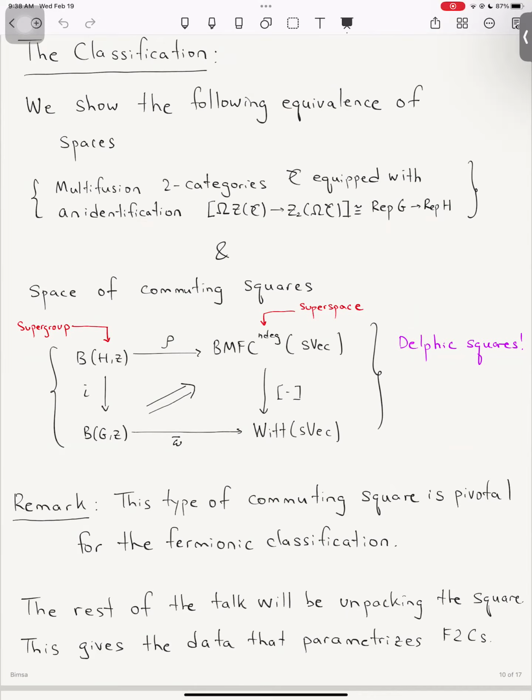So, okay, these are the fusion 2 categories. And the goal is to show that this is equivalent to the following space of commuting squares. We call these squares the Delphic squares, because they magically encapsulate all the essential data of the fusion 2 category.